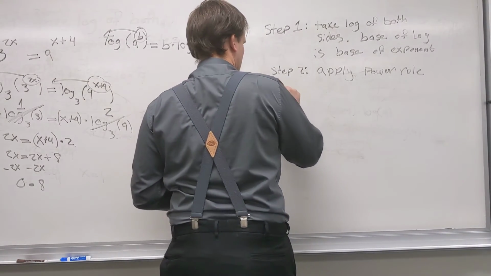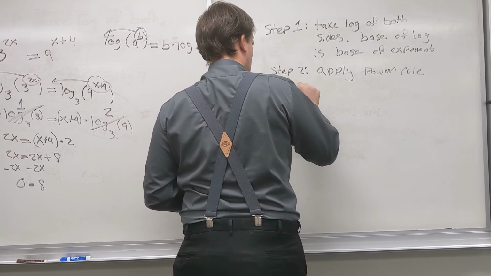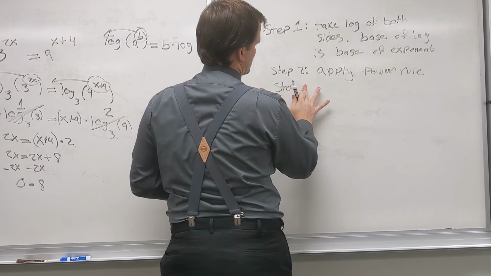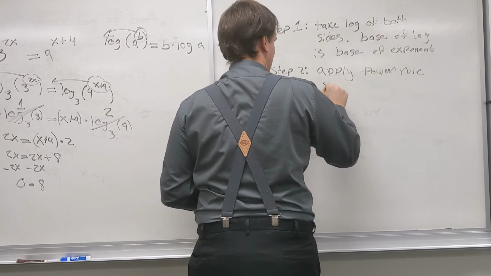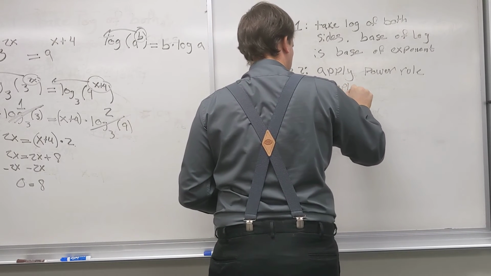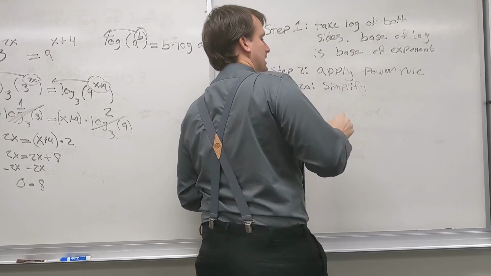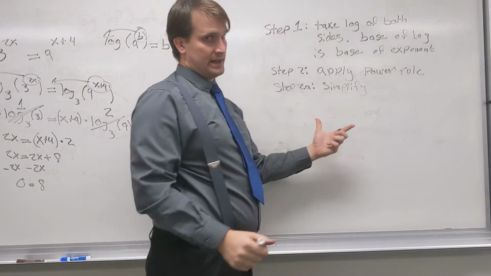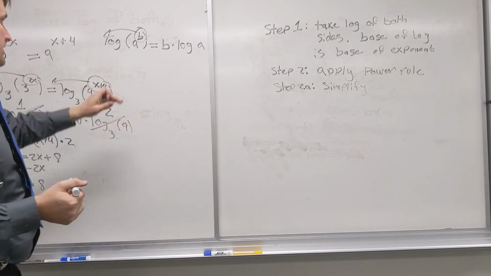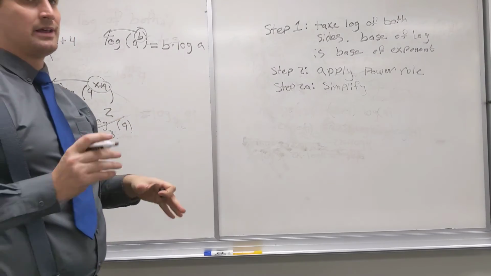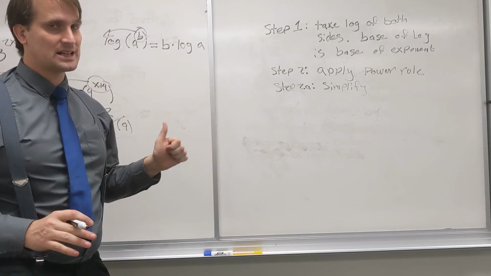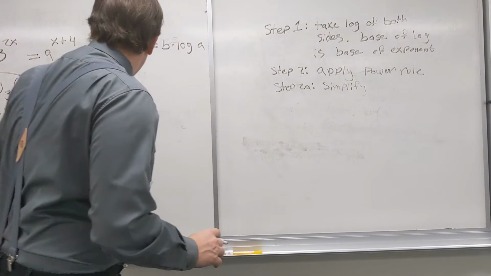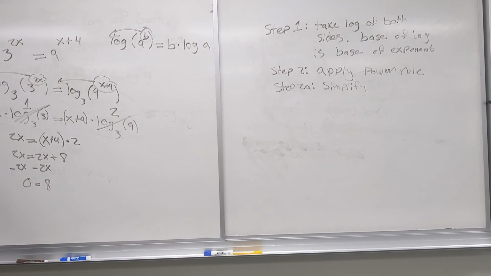Step 3. And actually, we're going to call this step 2a, is going to be to simplify. Simplify. And really, this simplifying step, we should be doing that constantly when we're dealing with logarithms. Anytime we can eliminate a logarithm completely, turn it into a whole number, yeah, that's good for us. All right. Like I said, mathematicians, me especially, we're lazy.